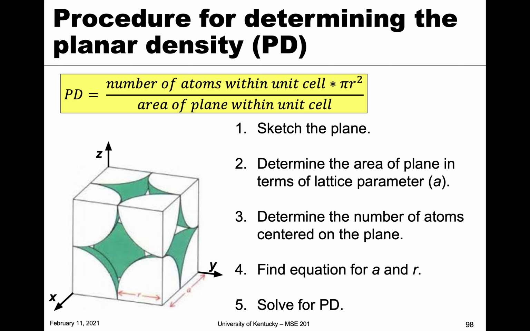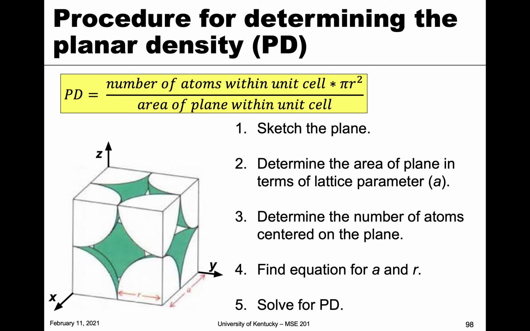But the procedure is going to be very similar to linear density. We're going to start out by sketching the feature, in this case the plane. That way we know what we're looking at. Then we're going to determine the area of the plane within the unit cell, and we do that in terms of the lattice parameter, so a if we're talking about just a cube. Then we're going to determine the number of atoms centered on the plane.